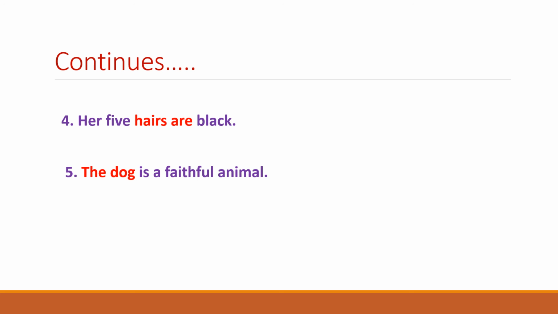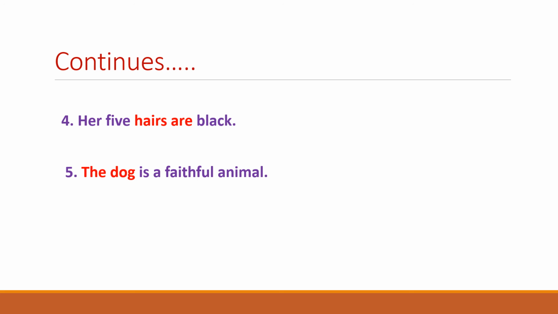You see that when hairs are highlighted in numerical order, that 5 or 4 or 3, then they are used as plural. That is why S has been added with hair, and R has also been added there as plural. So her 5 hairs are black is the exact construction for that sentence.